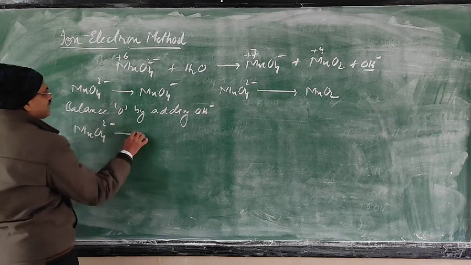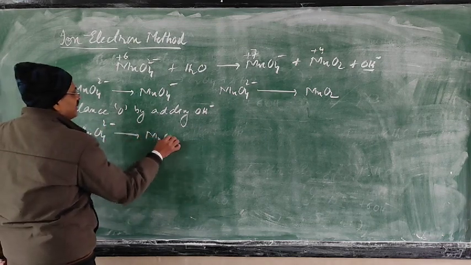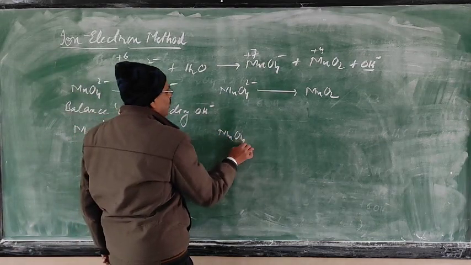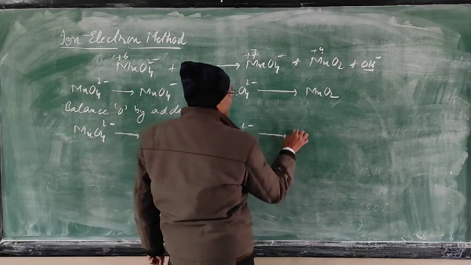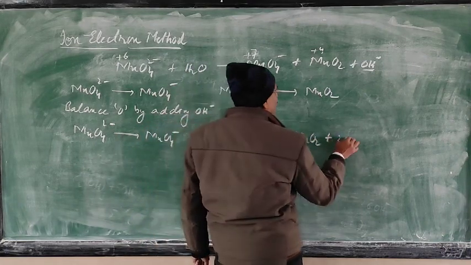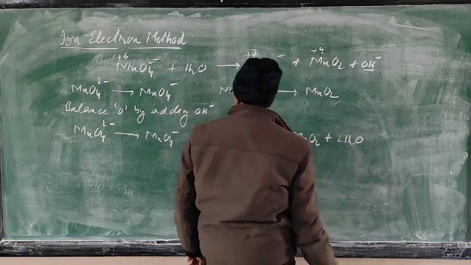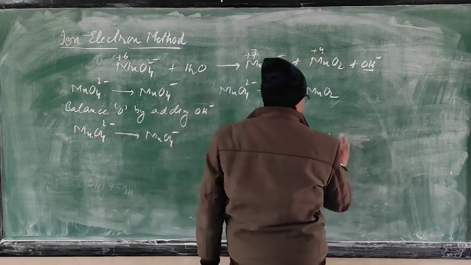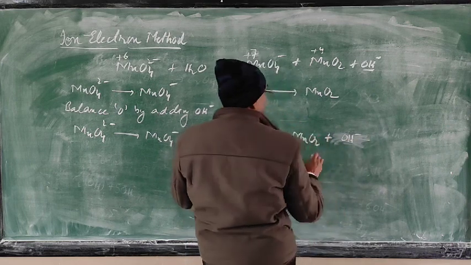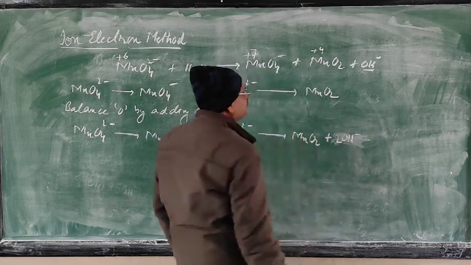MnO4 2 minus gives MnO4 minus, and MnO4 2 minus gives MnO2 and 2 OH. Basically in here. So here 4 oxygen, so 2.